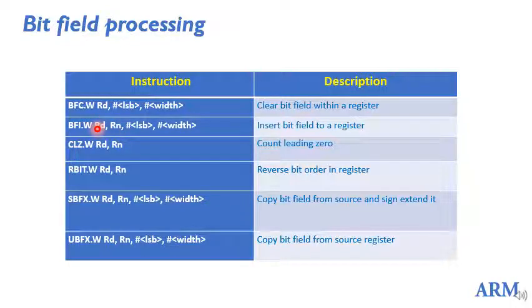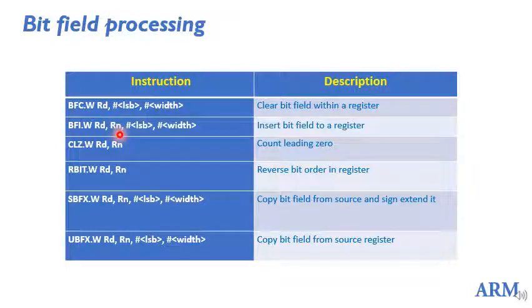The syntax is Rd, Rn. The source register is Rn, the destination register is Rd. The third operand is, as in the previous case, #lsb, and the fourth operand is #width. Starting from this lsb of the destination register, you have to insert a number of bits equal to the value given in this fourth operand, that is width, from the source register.